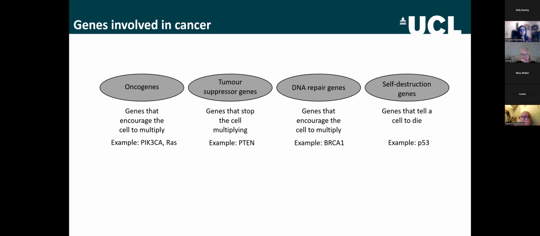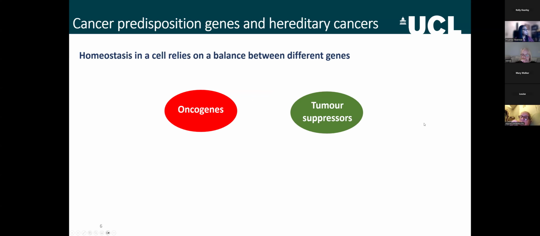So the P53 gene, which we hear about, I don't know if you've heard about Li-Fraumeni syndrome, which is another rare genetic condition where people are born with a mutation in the P53 gene. It's another gene which is very commonly found in human cancers. That's because it stops the self-destruction process. So these are the four categories of genes that are involved in cancer.